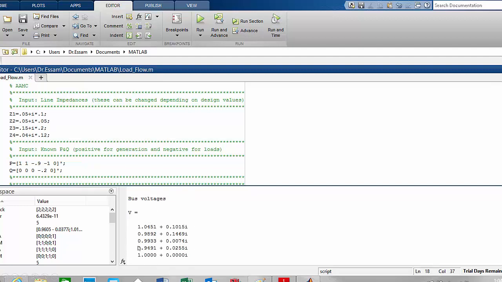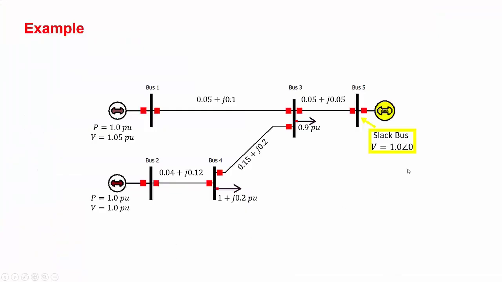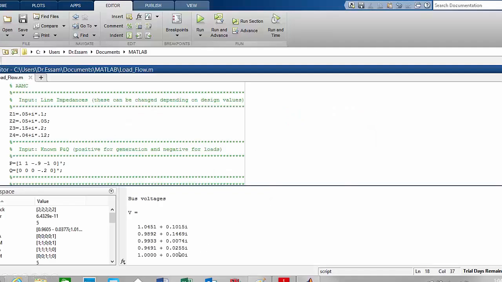Note here that bus number 5 has a magnitude of 1 and angle 0. That actually was our slack bus. We defined 0 angle and 1 per unit magnitude. The other buses settled at a certain value, real and imaginary, which actually gives magnitude and angle.